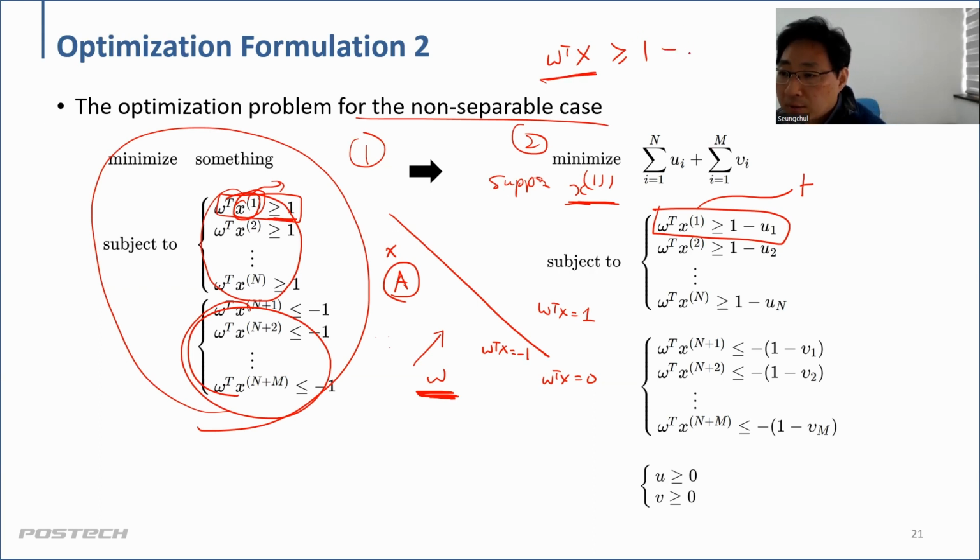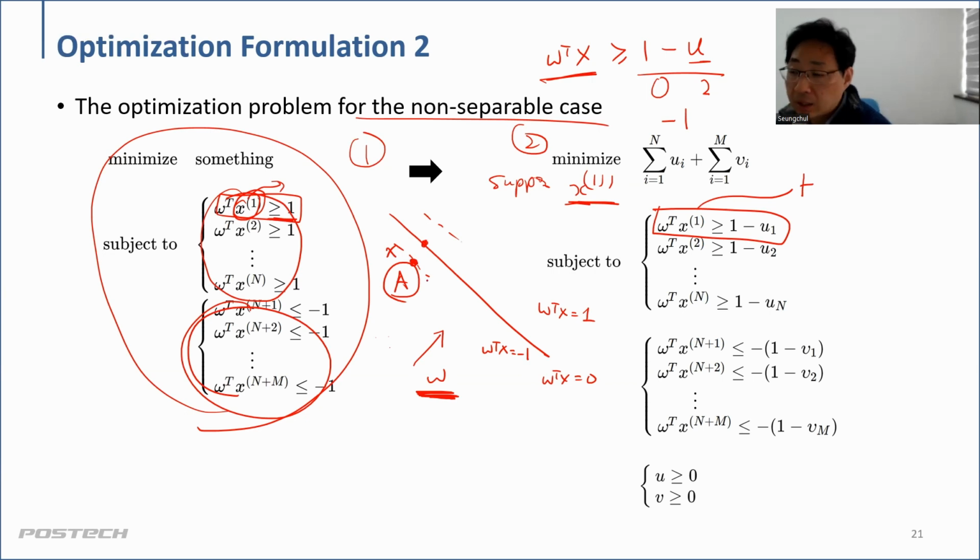So if we have U, we assume that U is positive. Say if U is 1, that means it's greater than 1, so A is located here. If U is 2, this is -1, so A is located at that one.